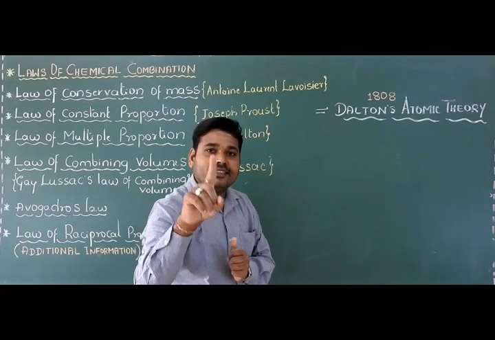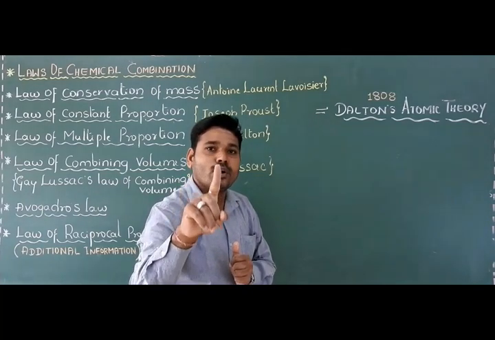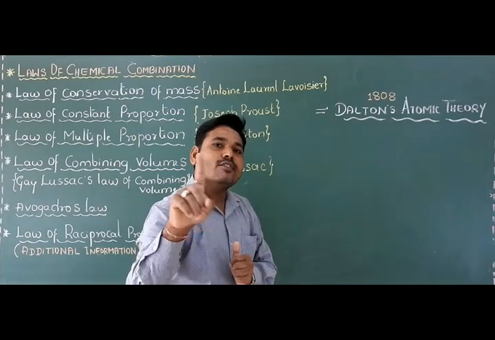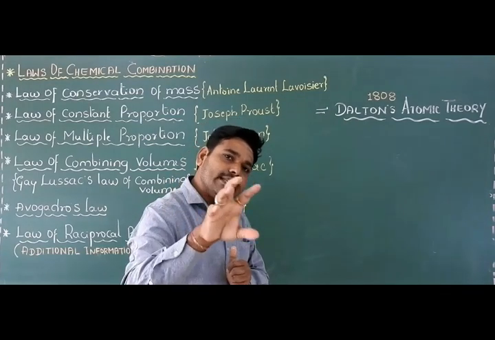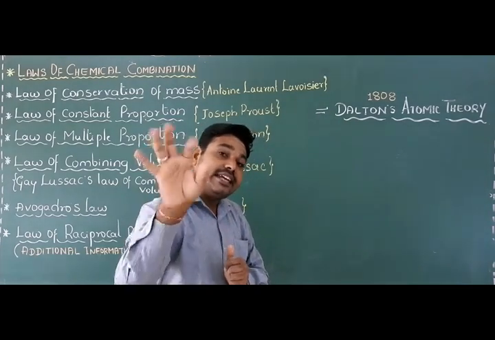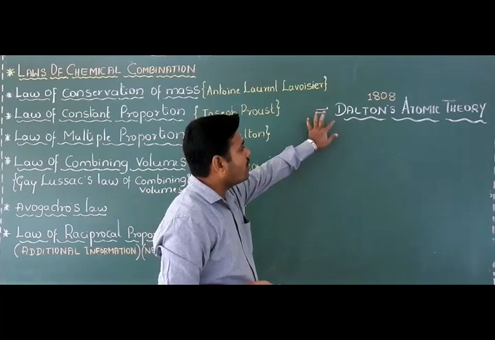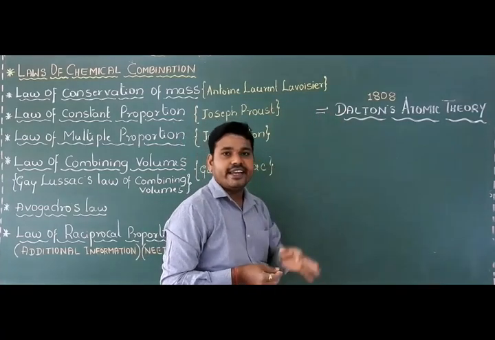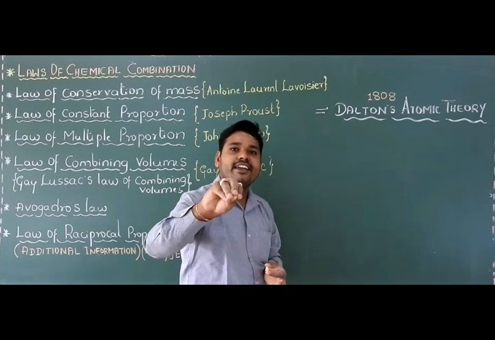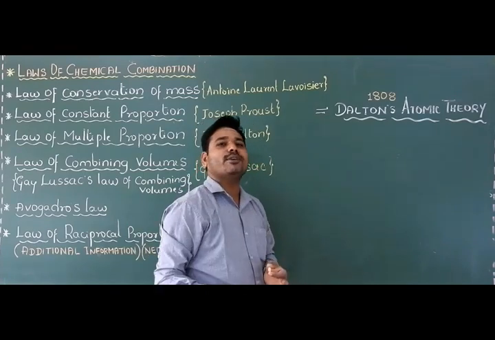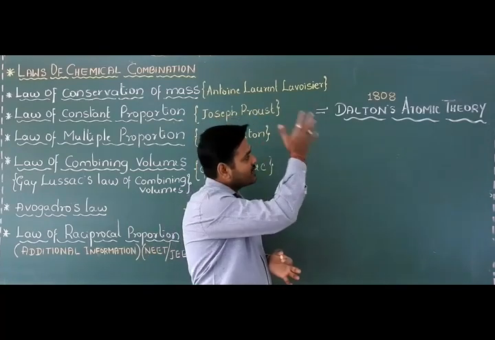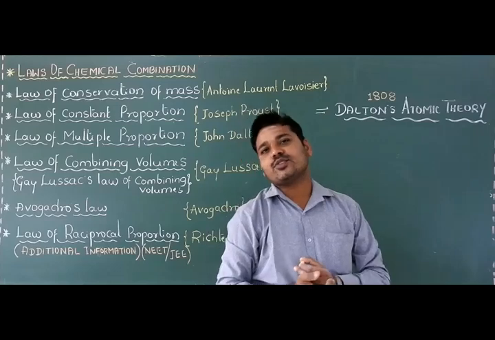To explain the observed laws of chemical combinations and other known facts, the scientist John Dalton in the year 1808 introduced a new system of chemical philosophy called Dalton's atomic theory, students.